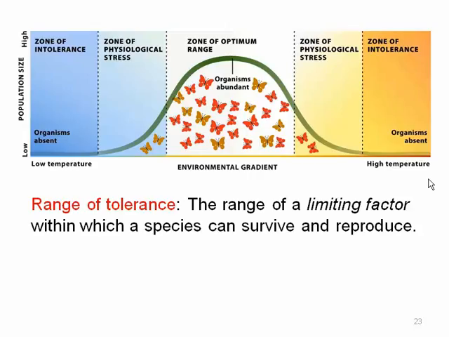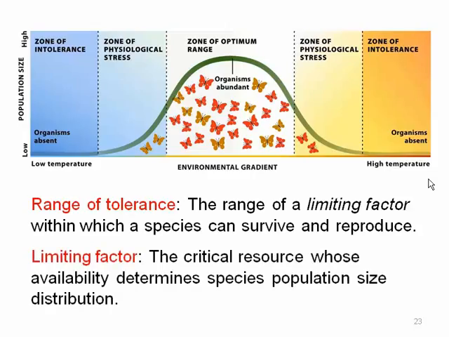So this gives rise to the notion of a range of tolerance. And this is the range of the limiting factor within which the species can survive, thrive, and reproduce. Okay? So the limiting factor is, in this case, the temperature, because temperature obviously places some fundamental constraints on where the butterfly in this example can survive.